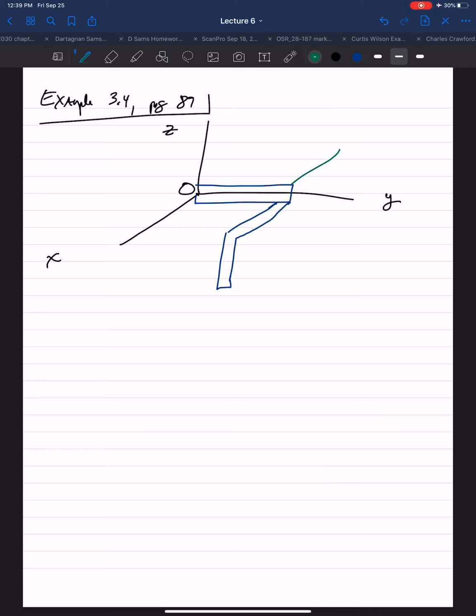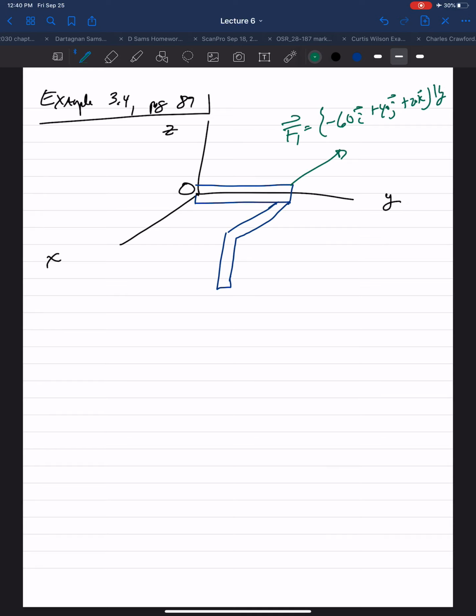So you got your F1 here. They gave it to you in vector format, Cartesian notation, 60I plus 40J plus 20K pound force.